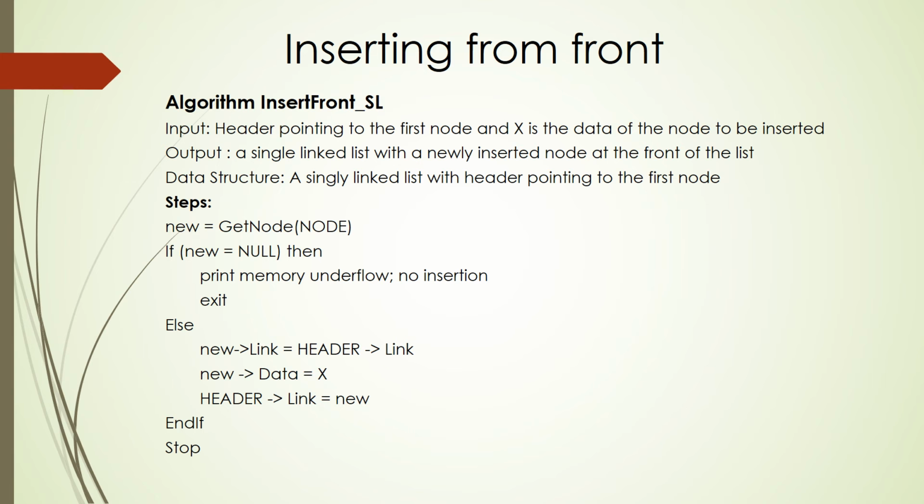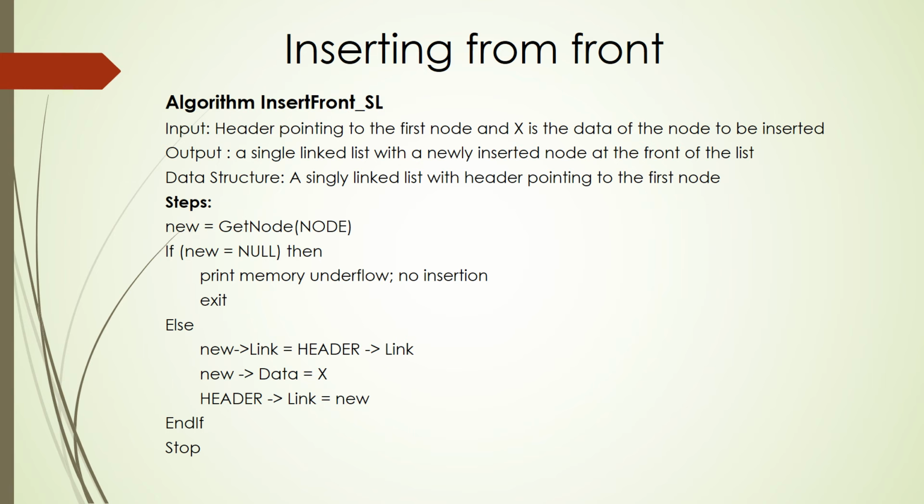So you have two values before you start. The first one is the starting address of the current linked list. Second, you know which is the data item that should be stored inside your newly created node. So you have two values with you.